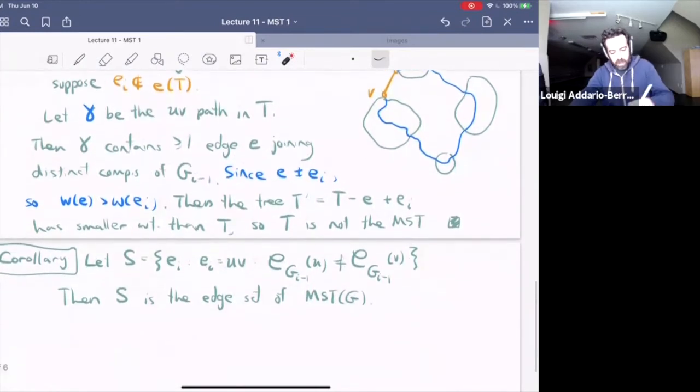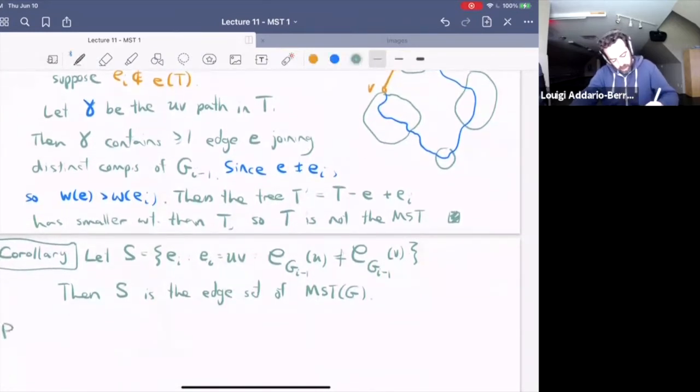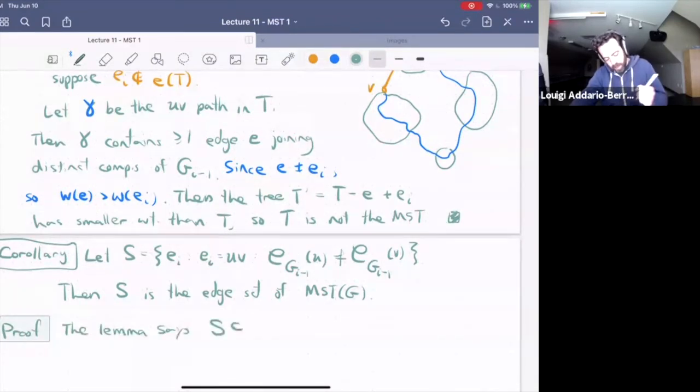Okay, and so how do we see that? Well, the lemma tells us right away that S is a subset of the edges of the MST, right? The lemma precisely says that any edge in S is an edge of the MST. Okay.